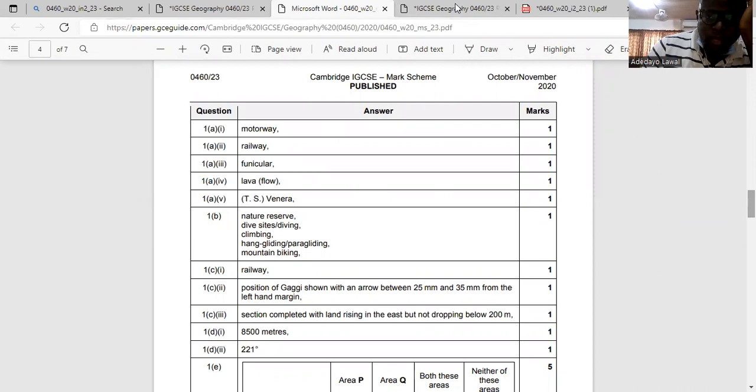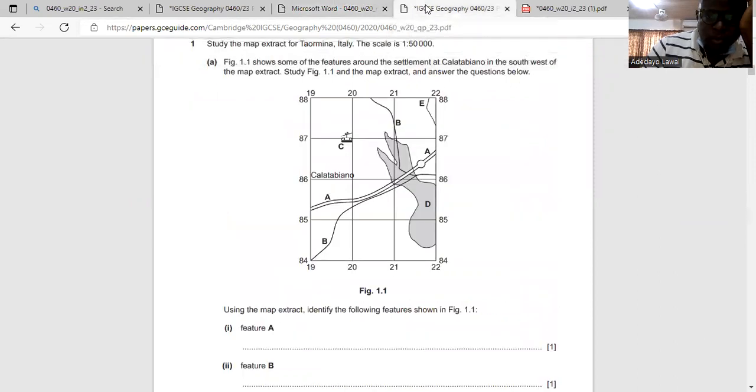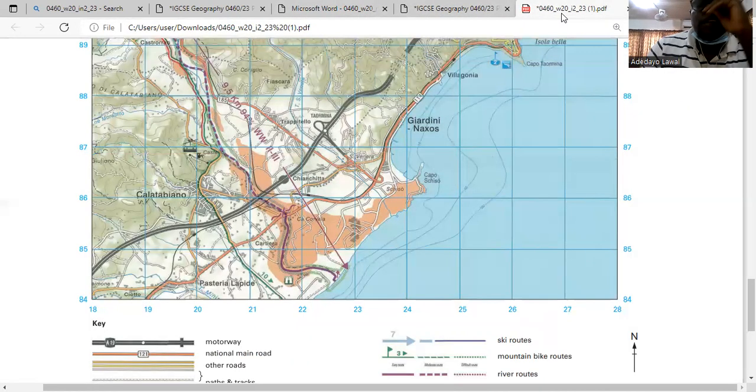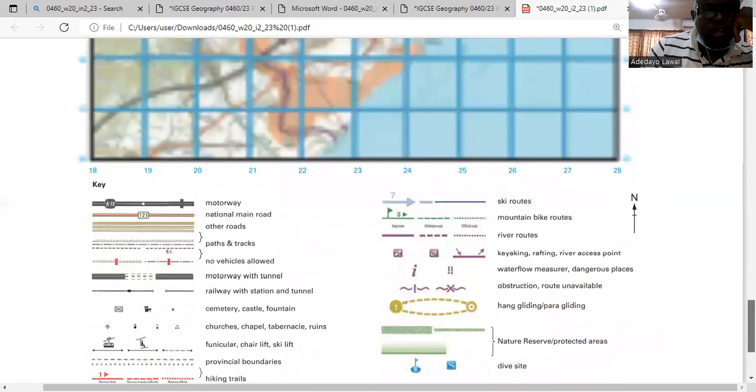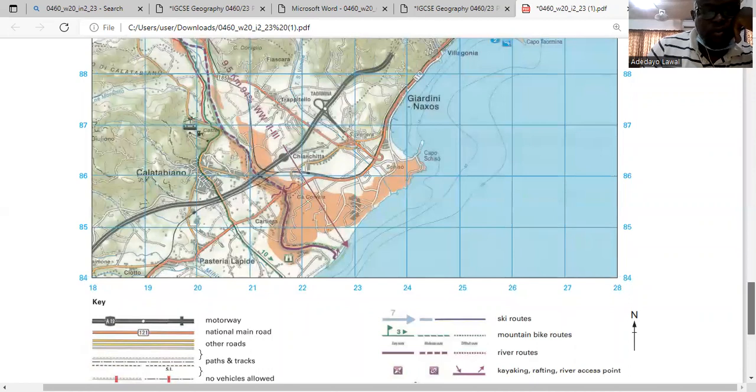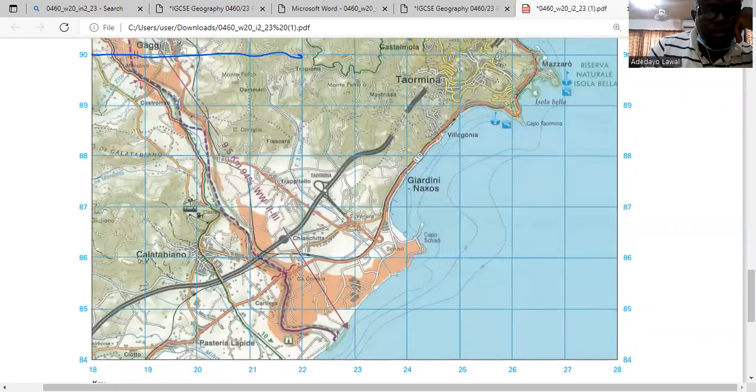Let's see what that could be in the key. Funicular. So what could that be here? Somewhere here. Okay, so let's just run.